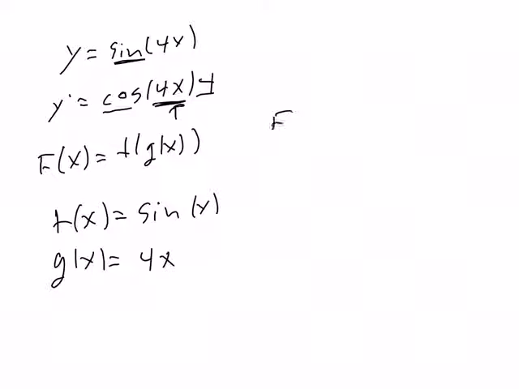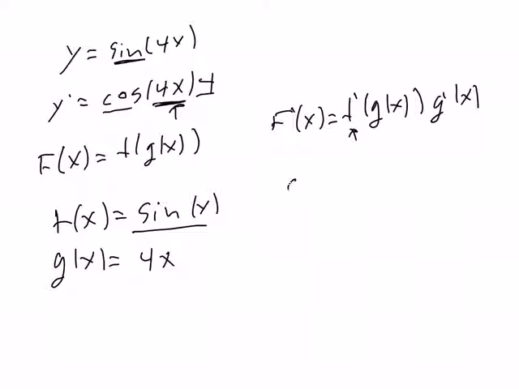So now F'(x), which we know is f'(g(x)) times g'(x), well, f' is just cosine, and then we plug in g(x), so we plug in 4x, and then we take the derivative of g(x), which is 4.